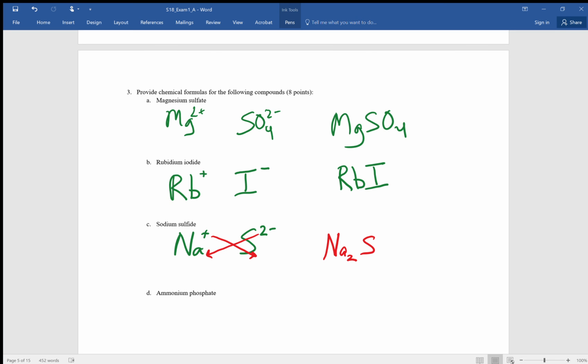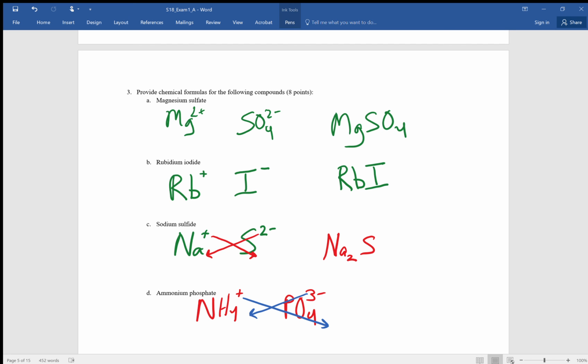Finally, in part D, we have 2 polyatomic ions, ammonium, NH4+1, and phosphate, PO4 3-. As before, we use our method of using the charges to determine how many of each element we need.